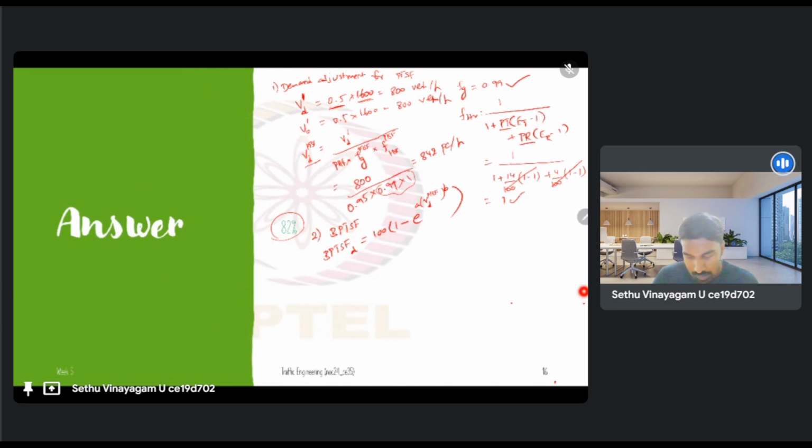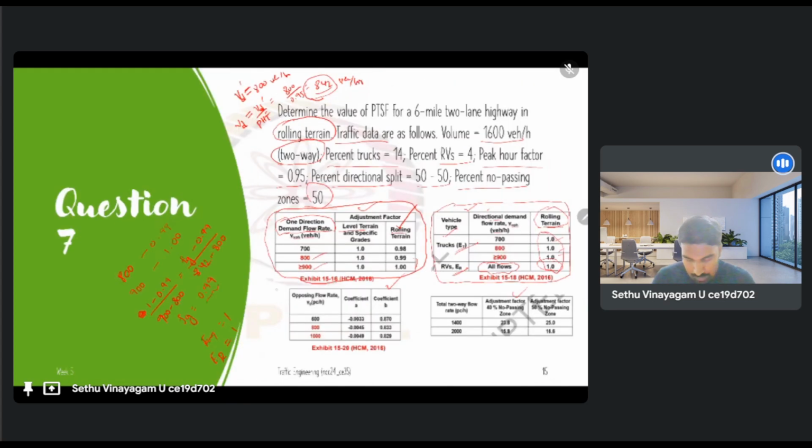Okay, so in this equation we know VD PTSF, but we don't know the constants A and B, right? So how do we get them? That is given in the third table here, exhibit 1520. Here these coefficients A and B depend not on the direction in which we are analyzing, but on the opposing flow rate, VO.